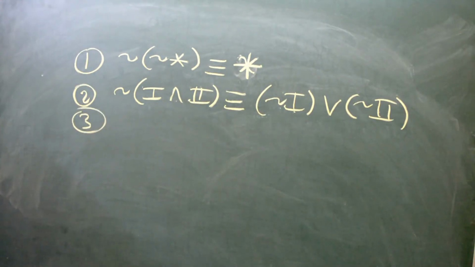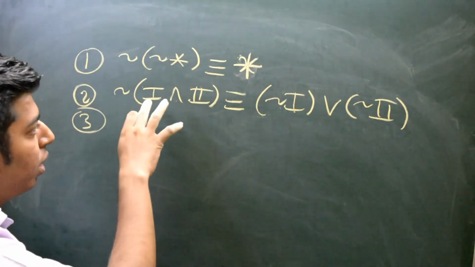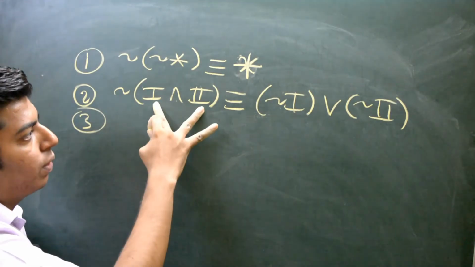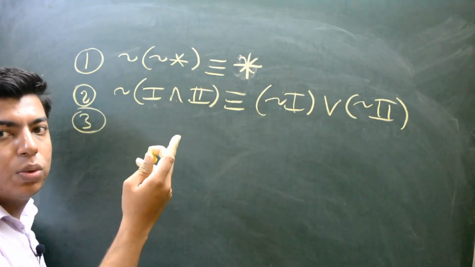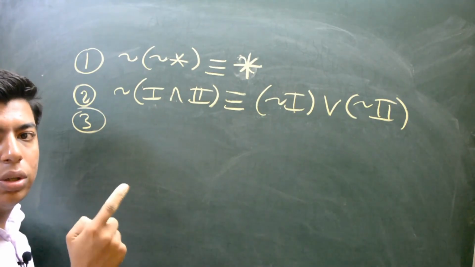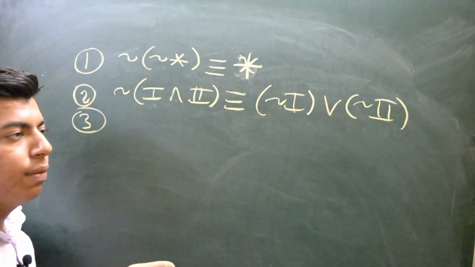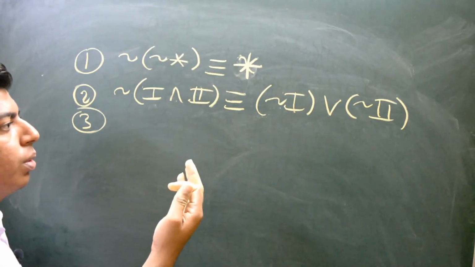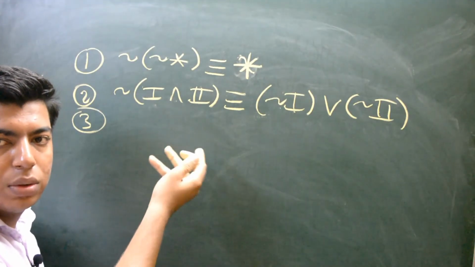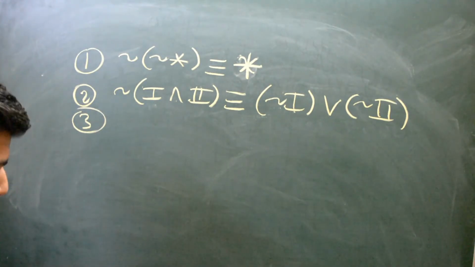If you want the proof of this, you can consider P and Q instead of first and second and try to construct the truth table which I had already taught you in this video itself. Try to check whether it is right or not, you can try it by yourself.